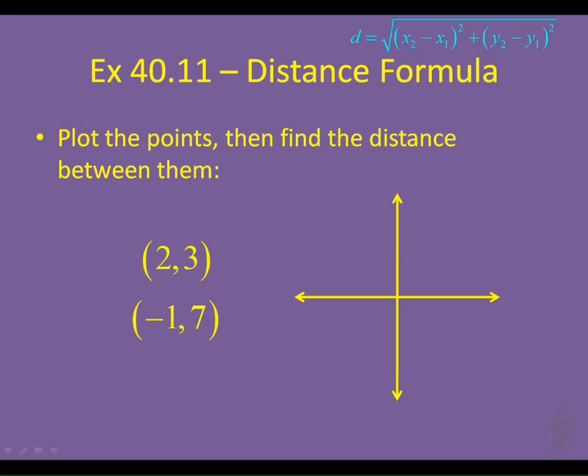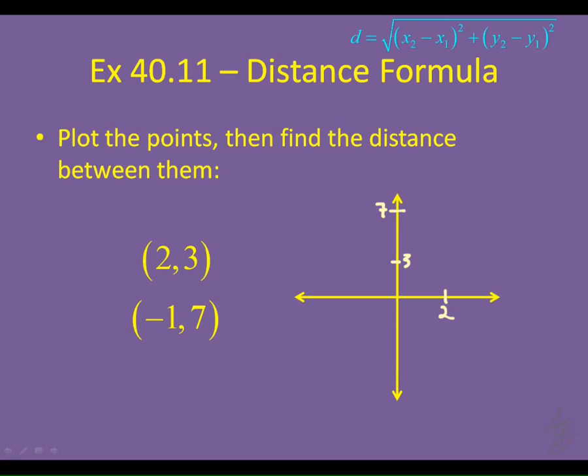So the point 2, 3, I notice here that I'm going to go up to 7 on the y-axis. I like that 7, don't I? So I'm going to go to 2, 3, and negative 1, 7.